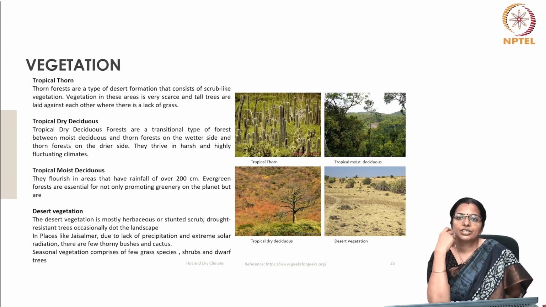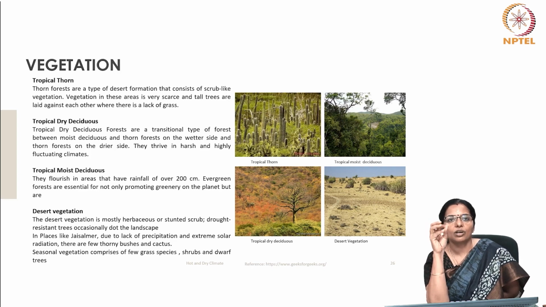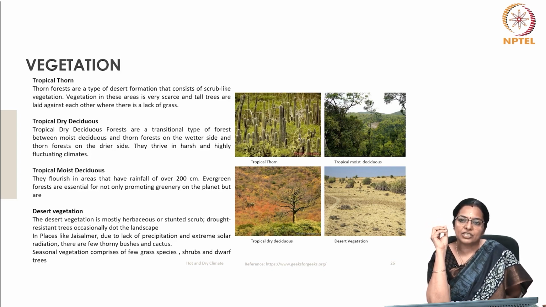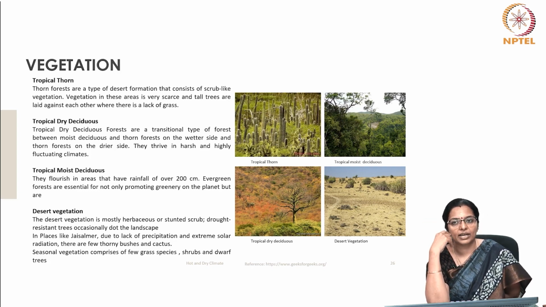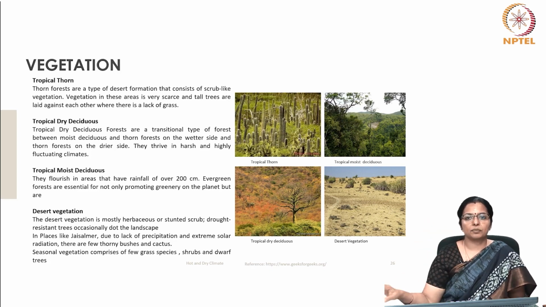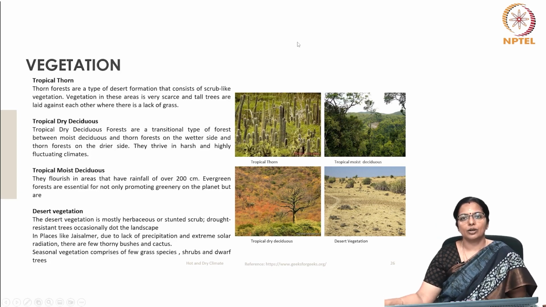The desert vegetation is mostly herbaceous or stunted scrub with drought-resistant trees occasionally dotting the landscape here and there. In places like Jaisalmer, due to lack of precipitation and extreme solar radiation, there are few thorny bushes and cactus. Seasonal vegetation comprises a few grass species, shrubs and dwarf trees.